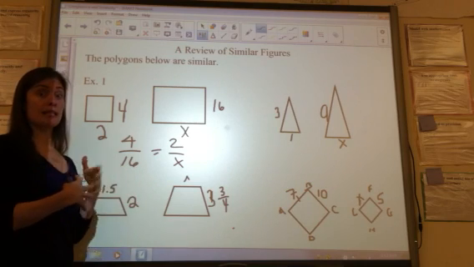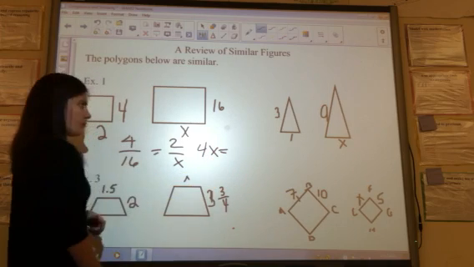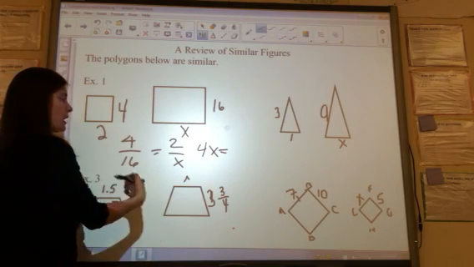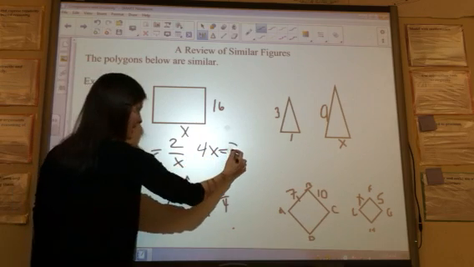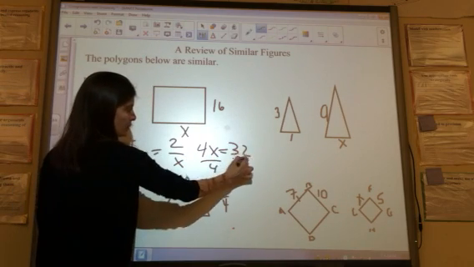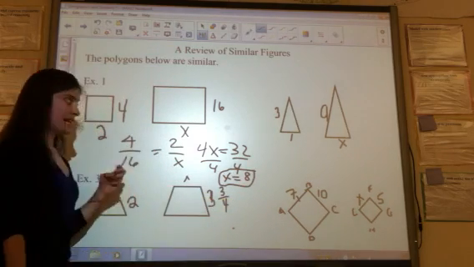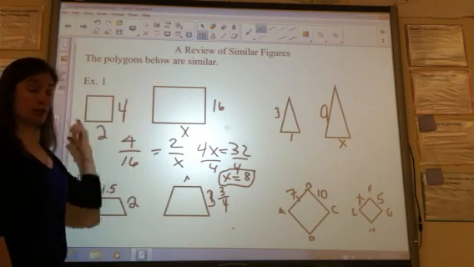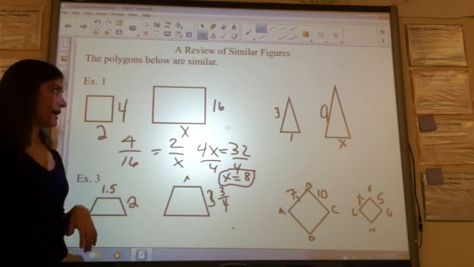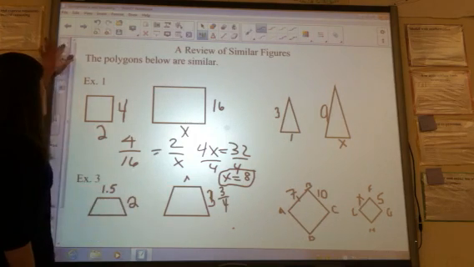So if your instinct is not to create it like this, but your instinct tells you, just by looking at the shape, that 4 times 4 is 16, so 2 times 4 would have to be 8, that's fine as well. But if you were to solve this proportion, you would get that same answer. And if you were to create any of the other 3 proportions that compare these two shapes, you would also get that x equals 8. So this is just a mini review.